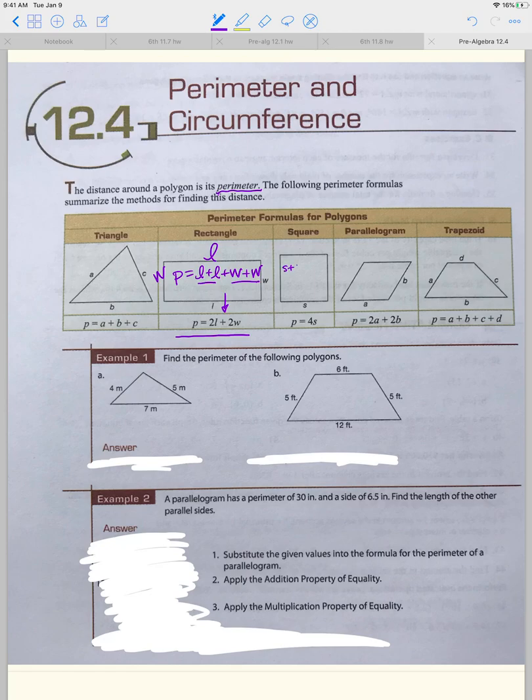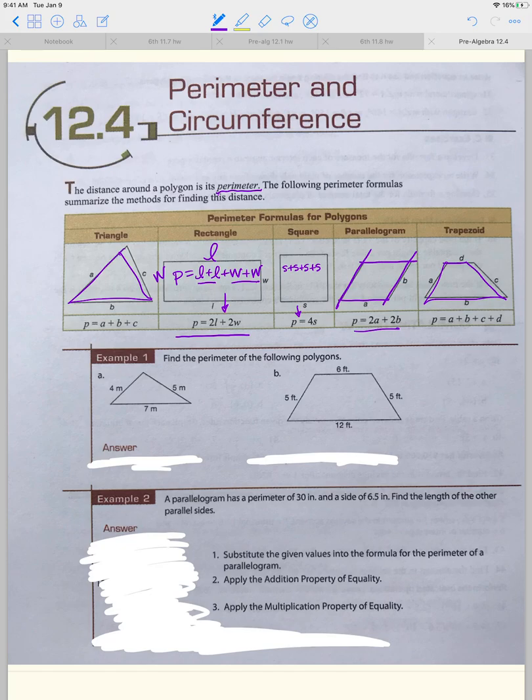You could do S plus S plus S plus S. Much simpler to just say 4 times S. Parallelogram, just like a rectangle, 2 times this set of parallel sides, 2 times this set of parallel sides, and then a trapezoid, we're just adding up all of the sides, just like in a triangle. We're adding up all of the sides.